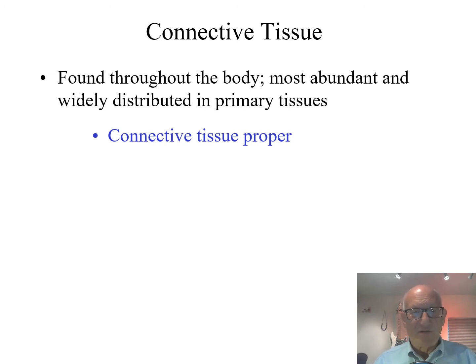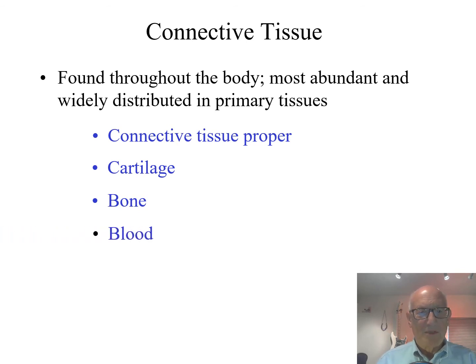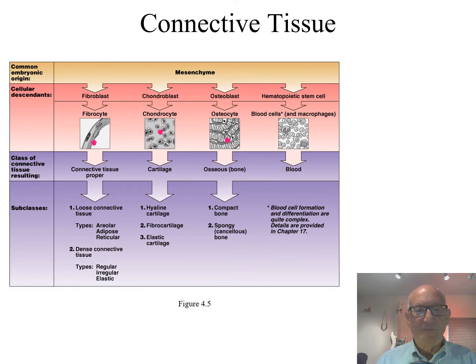The categories of connective tissue are connective tissue proper, cartilage, bone, and blood. Right? Most people probably wouldn't realize that blood is a connective tissue. This tells us where all of the connective tissues come from embryonically.